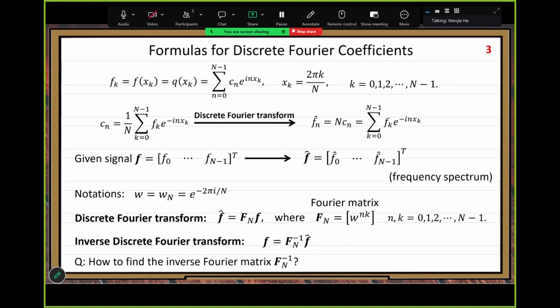So then we apply discrete Fourier transform on the given data in the form of a finite sequence. And the result, the data form changed into a different domain. So now we go to a different domain.